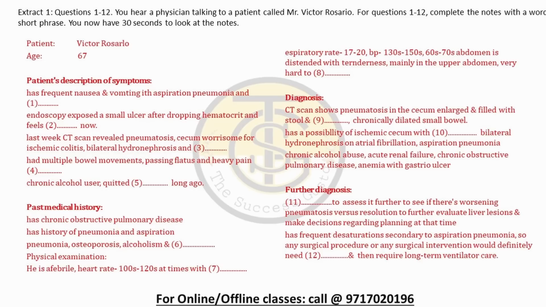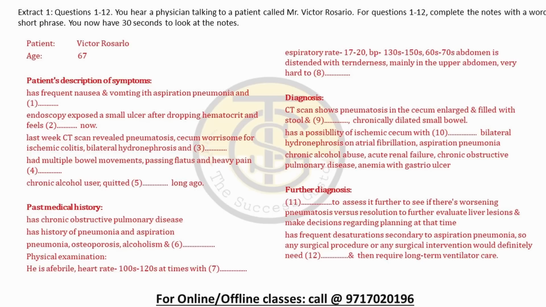Well, your physical examination shows you are afebrile. Your heart rate is in the 100s to 120s at times with atrial fibrillation. Respiratory rate is 17 to 20. Blood pressure 130s to 150s and 60s to 70s. Your abdomen is distended with tenderness mainly in the upper abdomen but very difficult to localize.